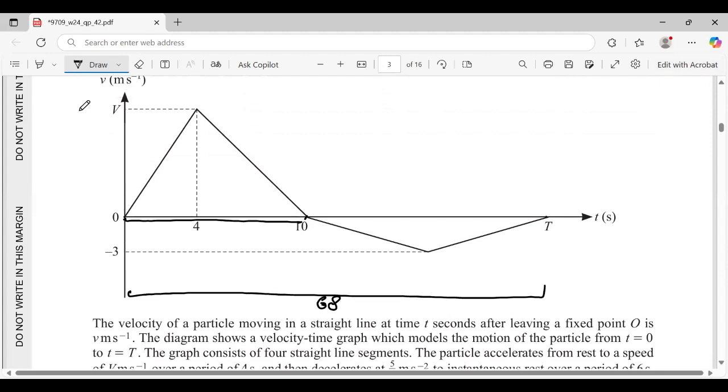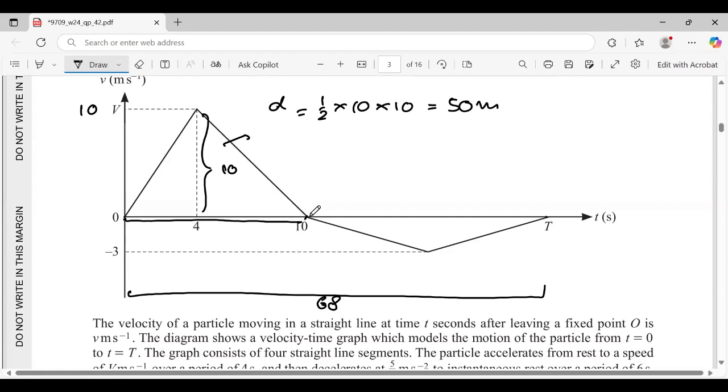From part A, v equals 10. The area of this triangle, or distance from 0 to 10, equals 1/2 times 10 times 10, which is 50. So 50 meters from 0 to this point.